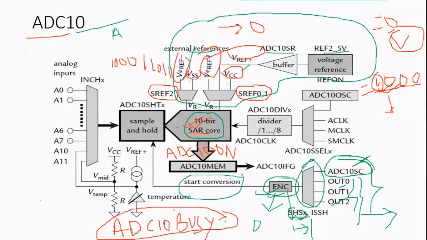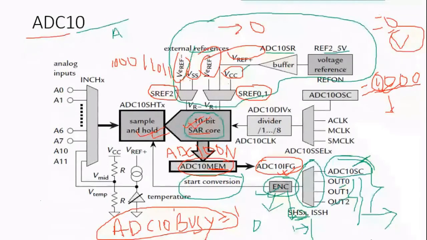If it is set equal to 1, it means that the conversion is going on. After conversion, the result will be stored in ADC10MEM, means ADC10 memory. Whenever you get a result, correspondingly the ADC10IFG flag will be generated, and it will indicate to the processor that you are getting the result of the corresponding analog signal.